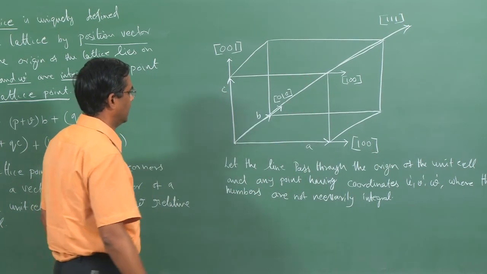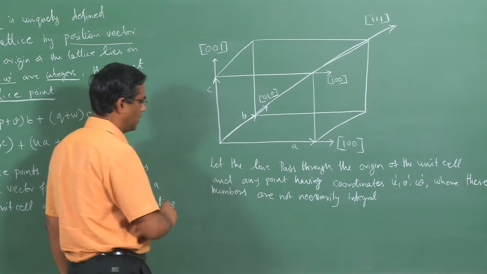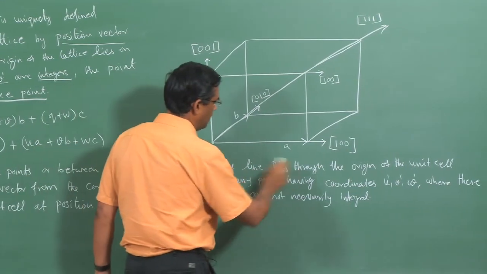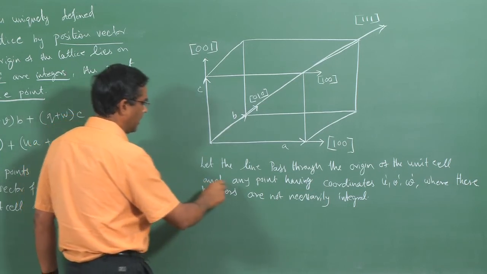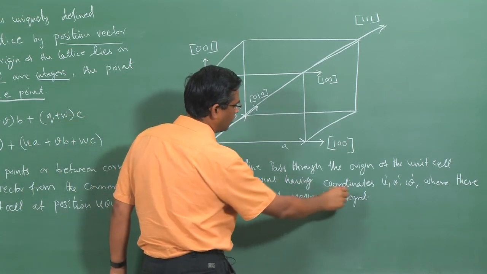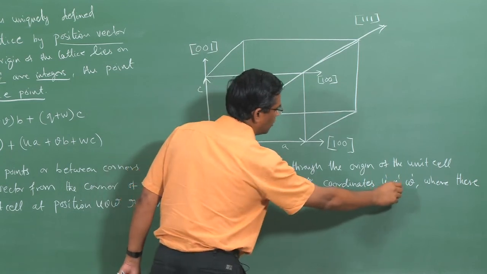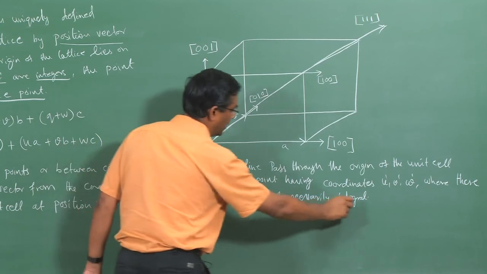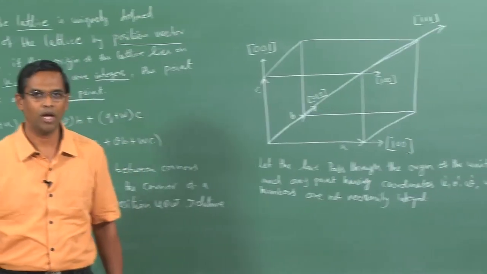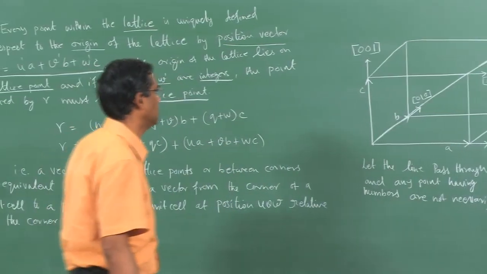Now, let the line pass through the origin of the unit cell and any point having the coordinates u, v, w, where these numbers are not necessarily integral. You do not have to worry about it.